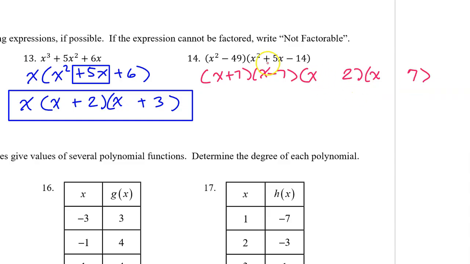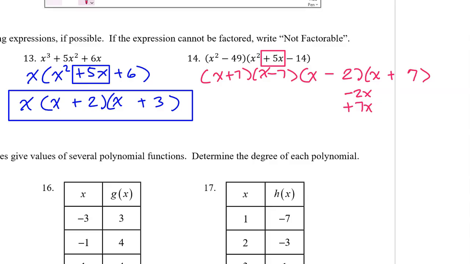Inner plus outer equals middle. Inner is 2x. Outer is 7x. To get a middle of positive 5, I need a negative 2 and a positive 7. So that's going to be a negative here and a positive here. Now I notice that we do have a repeated factor.